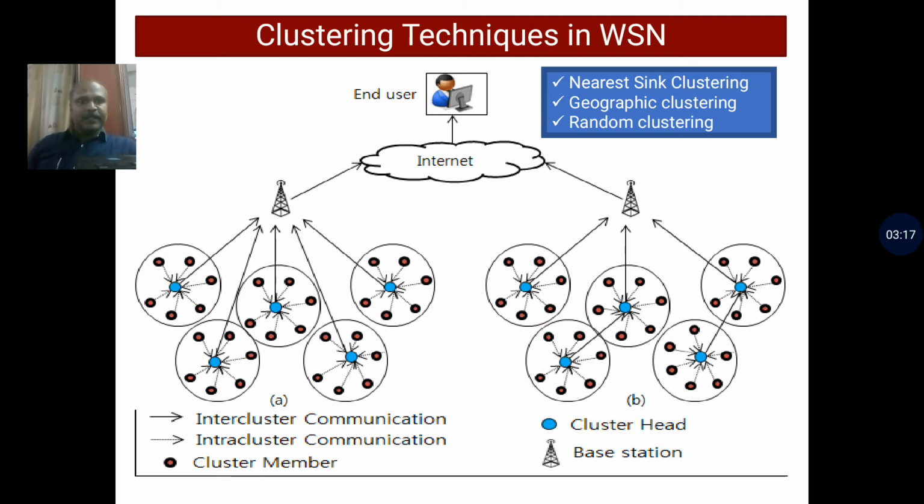Each cluster head can select one of the nearest sinks, or it can select the sink on the basis of traffic as well as energy available through the network. In this diagram, dark dots are cluster members, blue dots are cluster heads, and intercluster communication is shown with the help of a direct bar, and the dotted line shows intra-cluster communication.